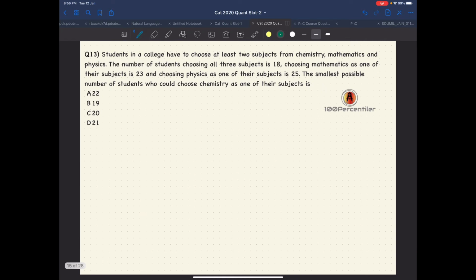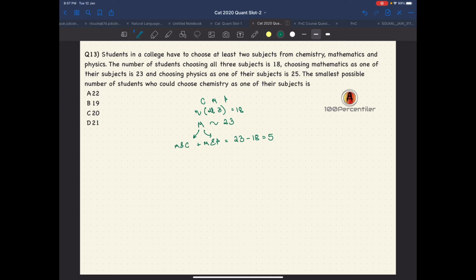Now students in a college have to choose at least 2 subjects from chemistry, maths and physics. The number of students choosing all 3 is given to be 18. Students choosing mathematics as one of their subjects is 23. So out of this, we already know that M and C plus M and P would be 23 minus 18, which is 5.